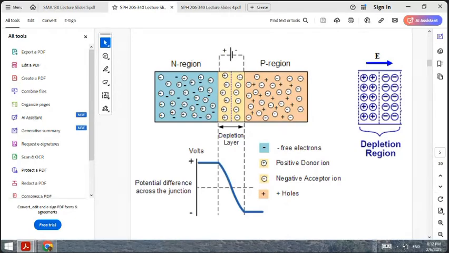So what remains is a negative ion. When an acceptor atom loses a hole, it becomes a negative ion. When a donor atom loses an electron, it becomes a positive ion. So this region near the junction contains ions. Therefore, we say it doesn't contain charge carriers, and we call it the depletion layer.